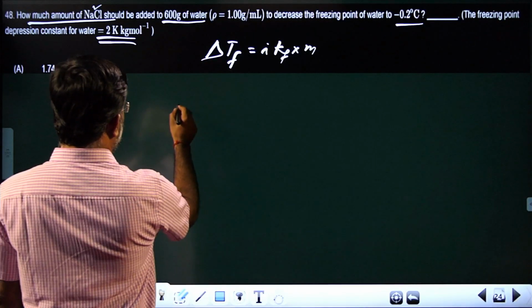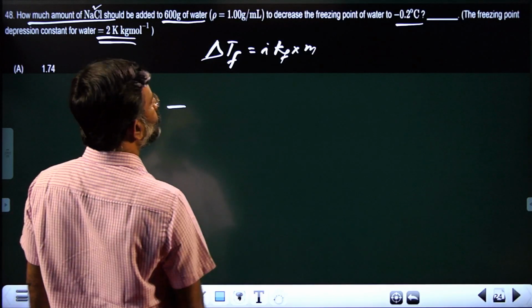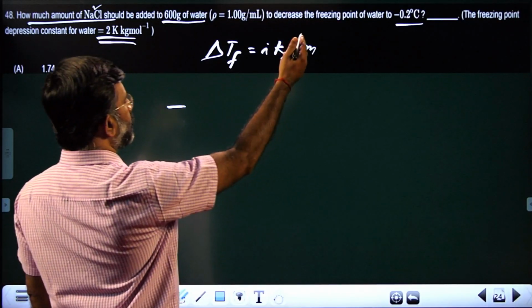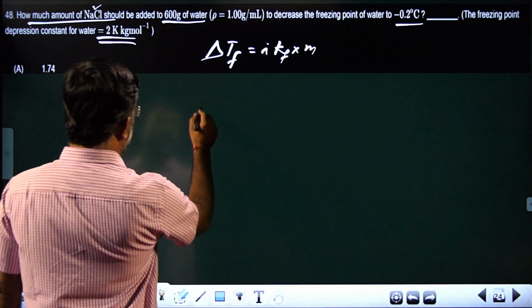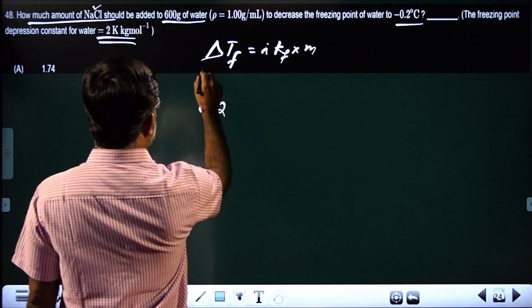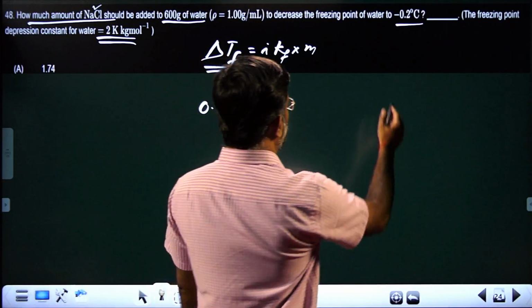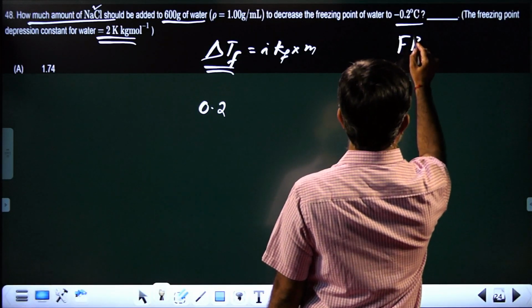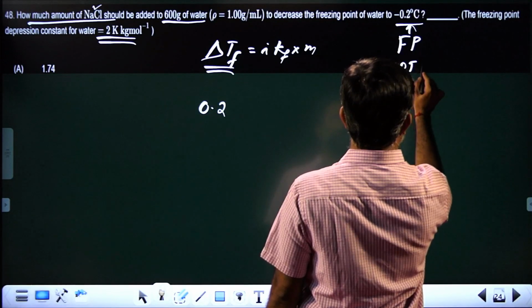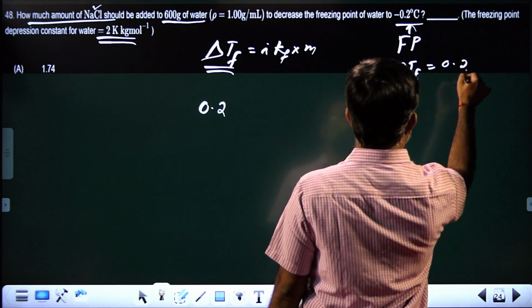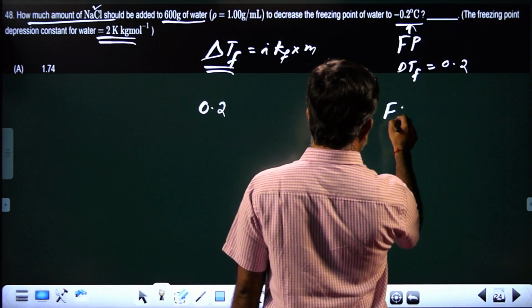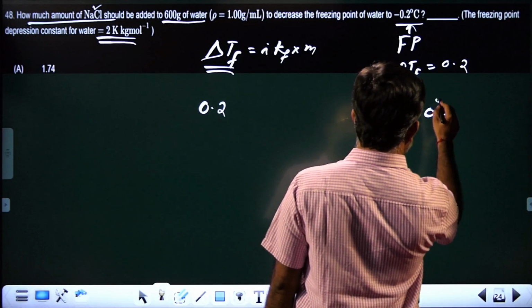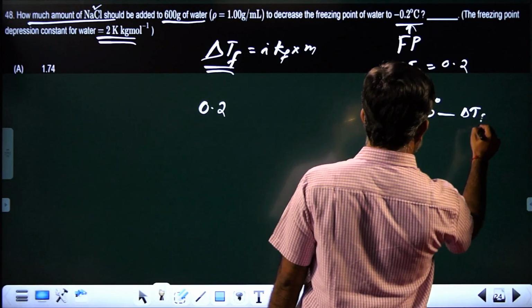The freezing point is minus 0.2, therefore delta Tf is 0.2, because the freezing point will be 0 degree minus delta Tf.